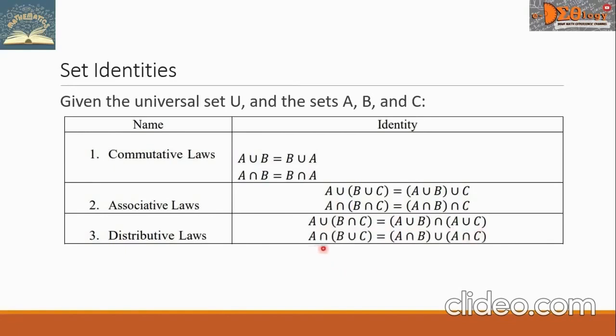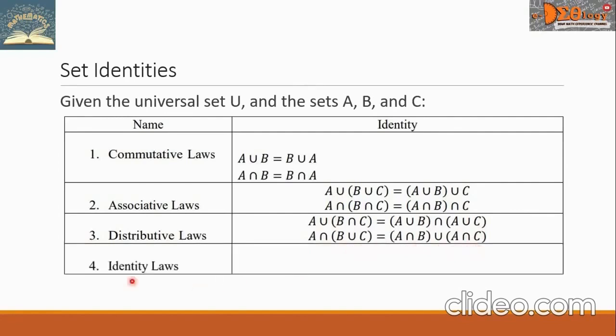Also, A intersect (B union C) equals (A intersect B) union (A intersect C). Number 4 is identity law. It says A union a null set equals the set A. Also, A intersect the universal set equals the set A.